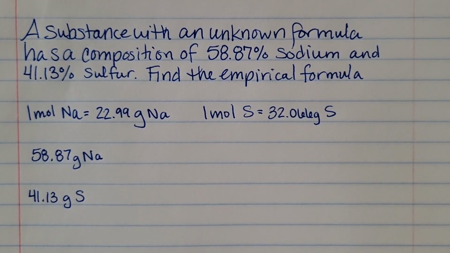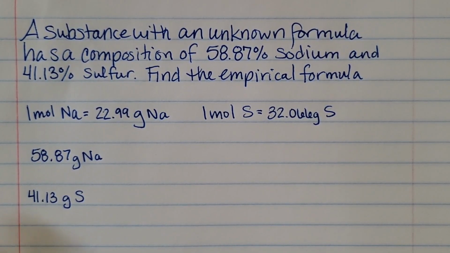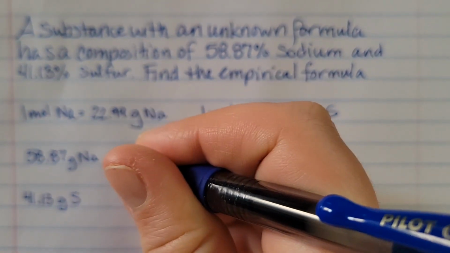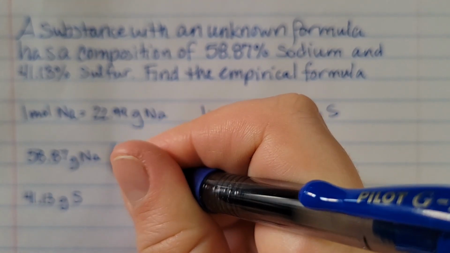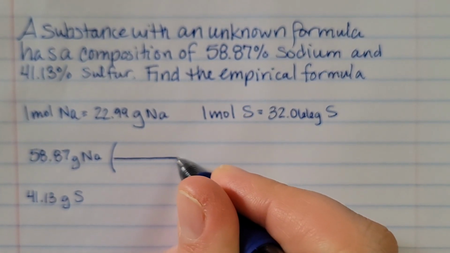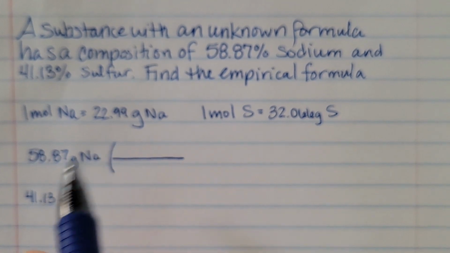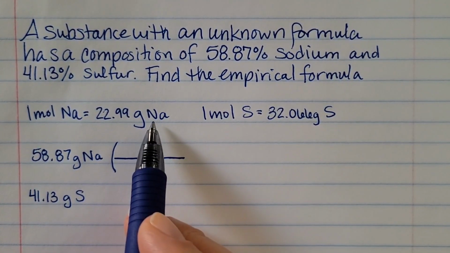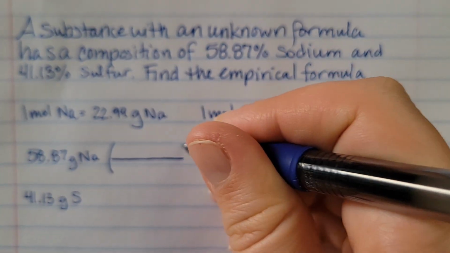Using our mole to gram and gram to mole conversions, we're going to convert both of these gram values into moles to get the mole ratio of the substance. So in order to convert to moles, we're going to cancel out grams by putting grams in the denominator. So 1 mole of sodium is worth 22.99 grams of sodium.